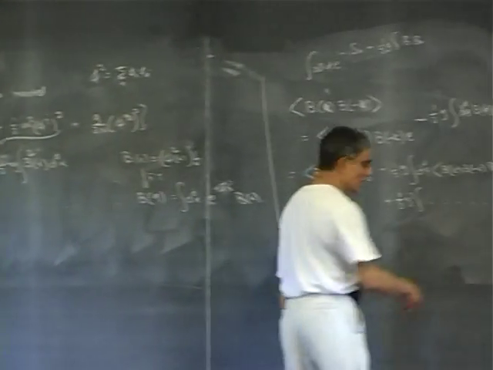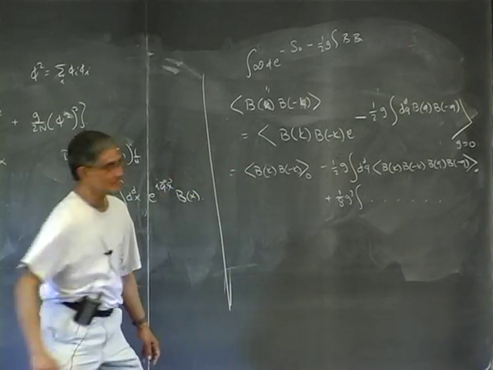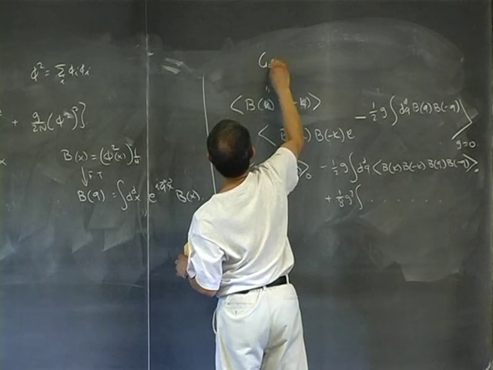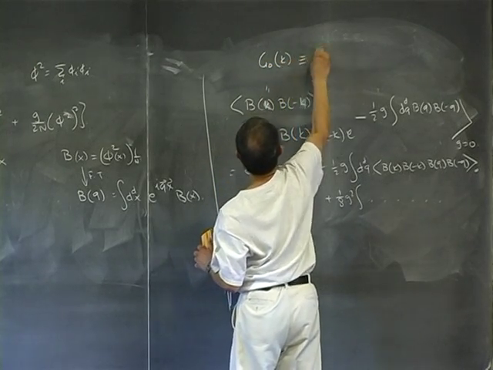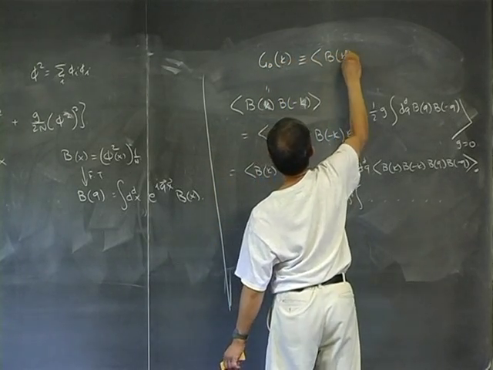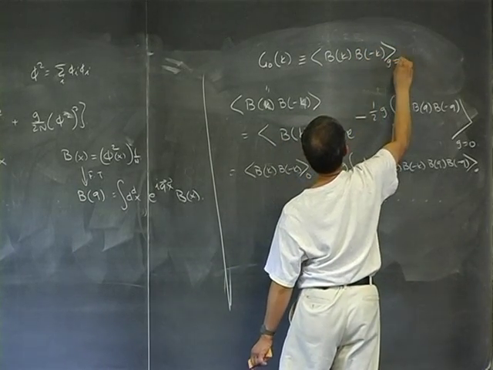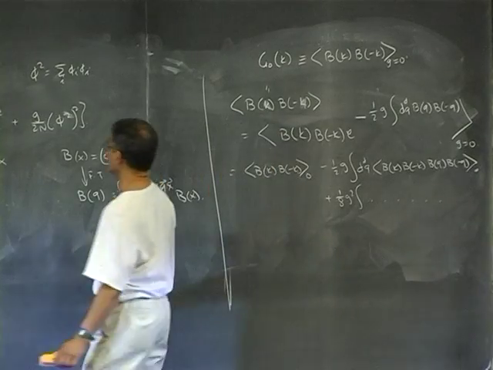So let me define the, this is the 2-point function of the theory at g equal to 0.